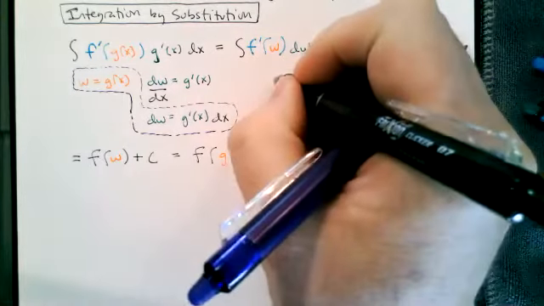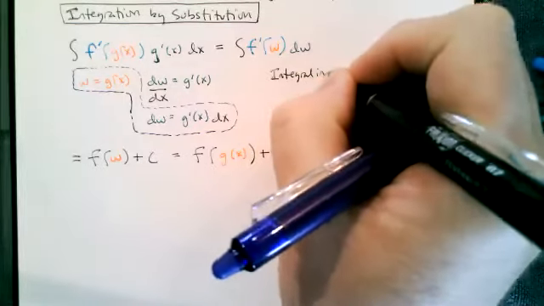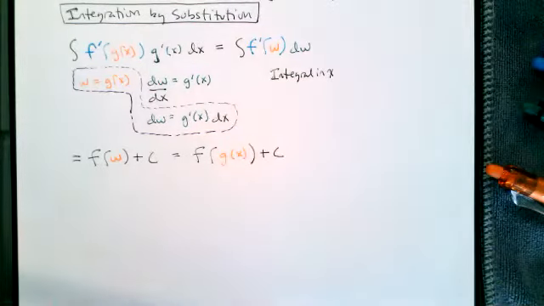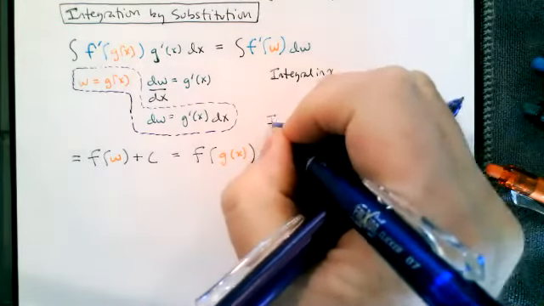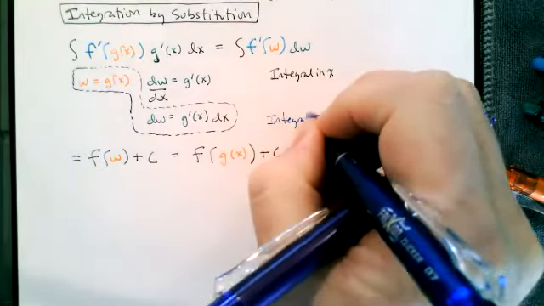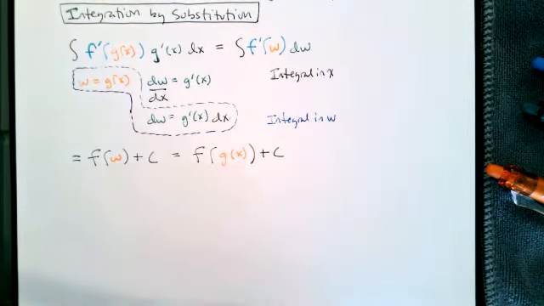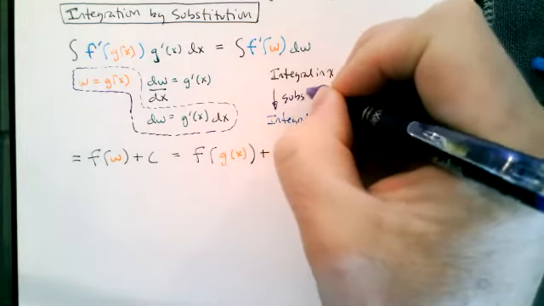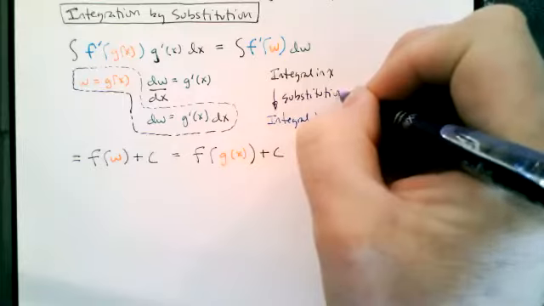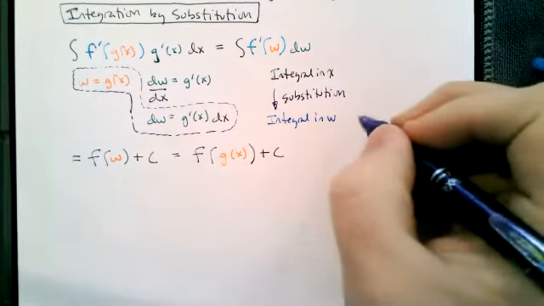The structure looks like this. There's an integral in x. We substitute that for an integral in w. And so that's where we do our substitution. The integral in w is going to be one that's easier to integrate, so that's when we actually integrate.